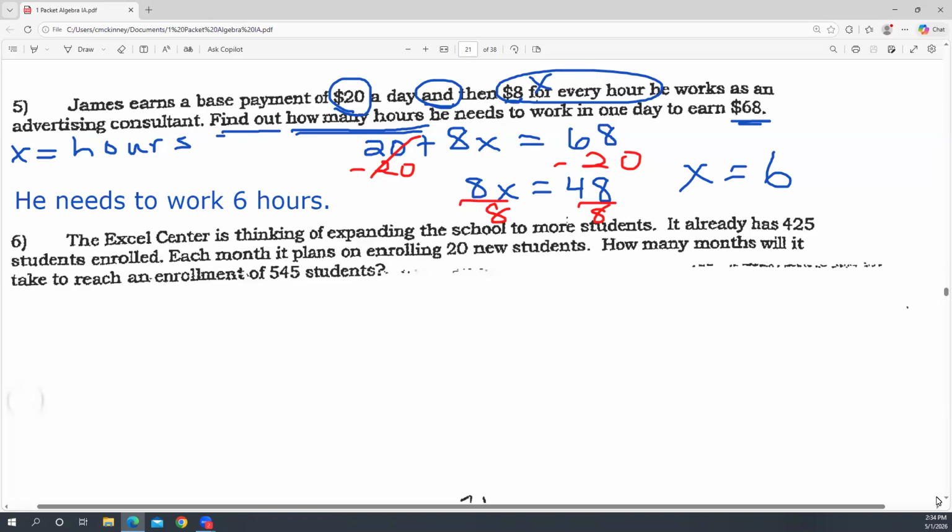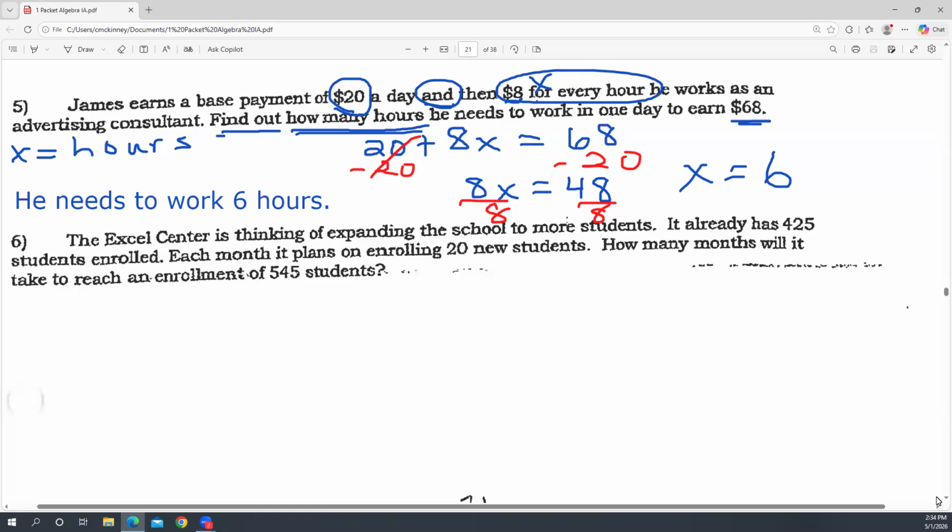So he needs to work 6 hours. We could say 6 hours in one day. We could say James needs to work 6 hours. We have more than one way we could say it. So notice I used he needs to work from the question, and then I included our answer and included that those are hours, not minutes, not days, not months, years, etc.